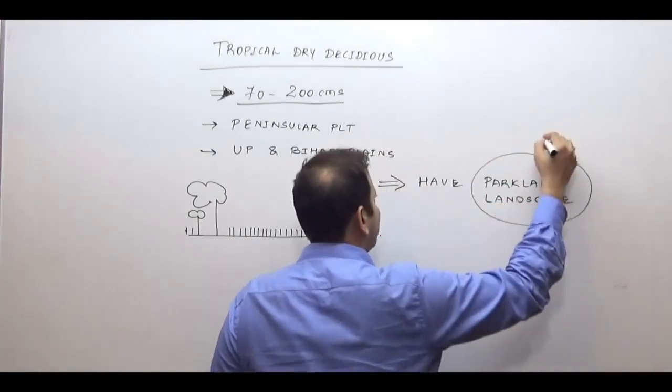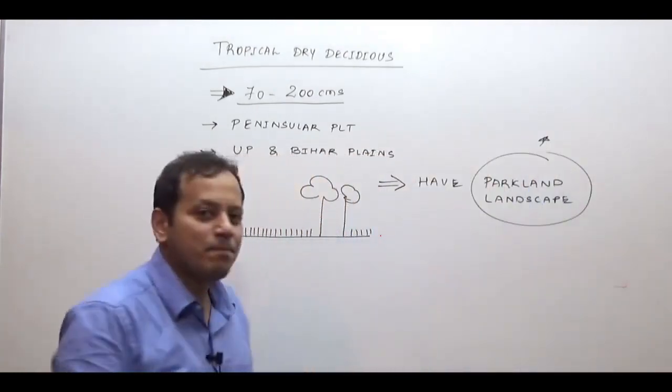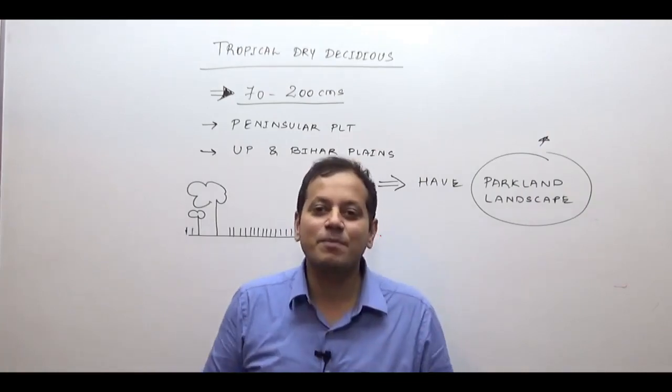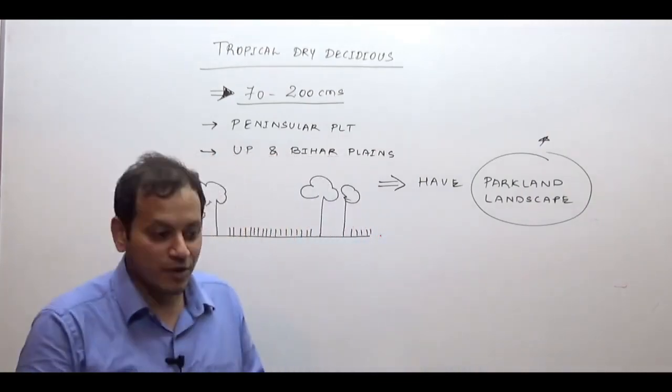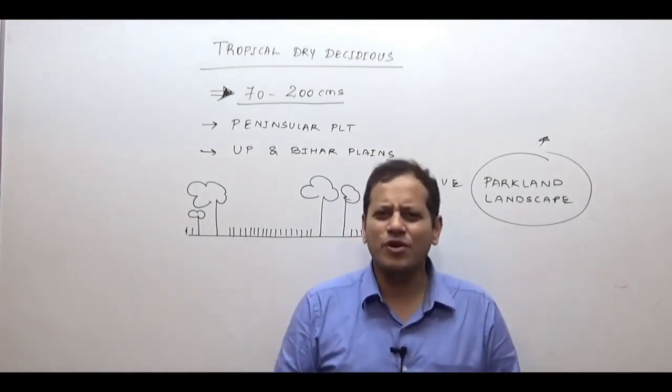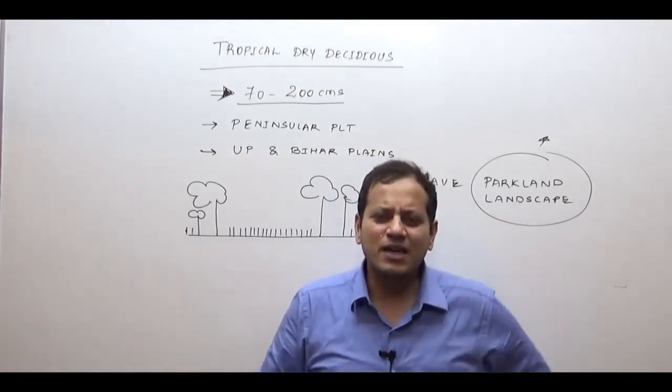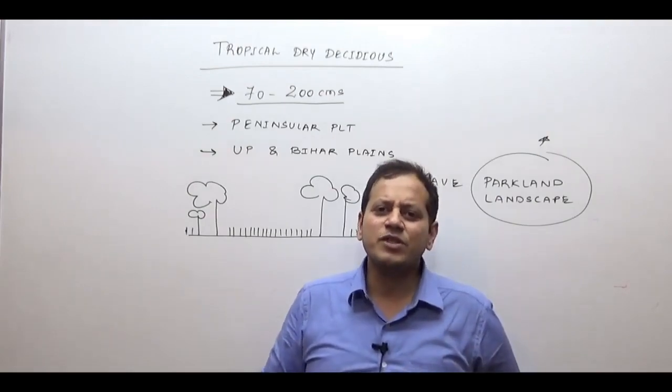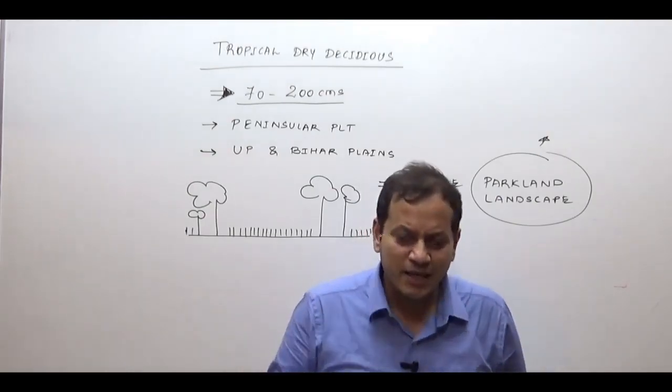So if the question comes, which area has a parkland landscape? It is the tropical dry deciduous forest. These forests are not very important individually, because they cover the maximum area in India.